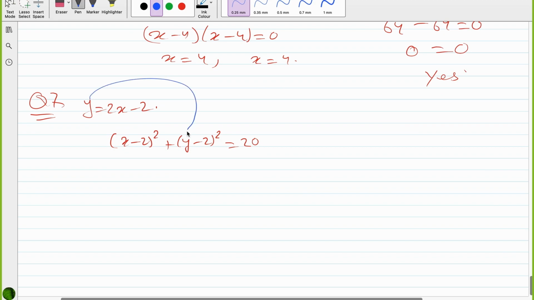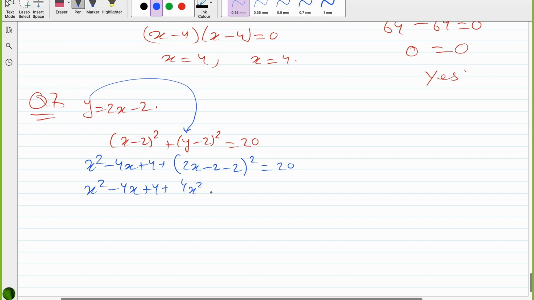I'm substituting y in this equation, that is a square minus 2ab plus b square, and when we substitute this, it is 2x minus 2 whole squared equals 20. X square minus 4x plus 4 plus a square, this is minus 4, 2 times 4 is 16 minus 16x plus 16 minus 20 is equal to 0.